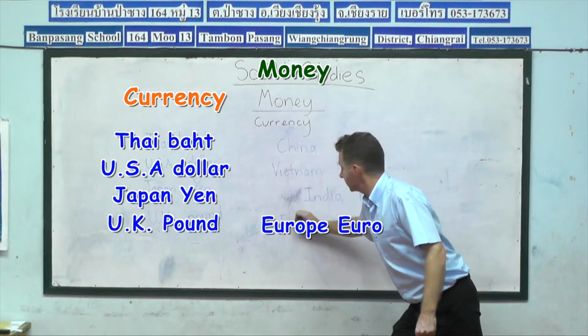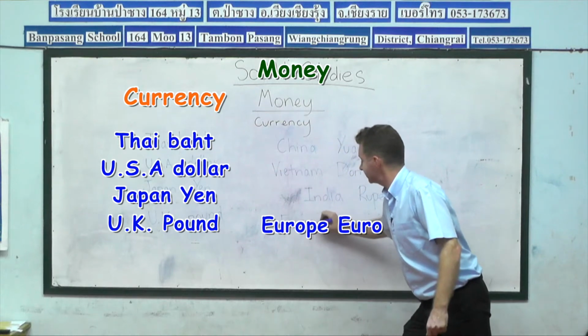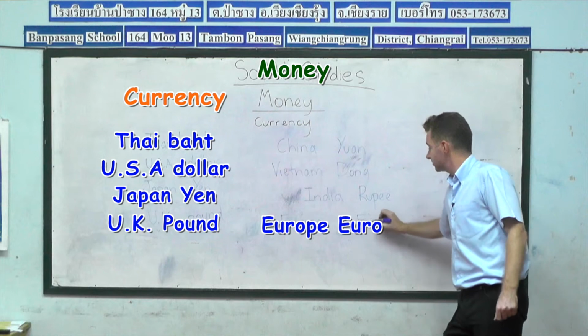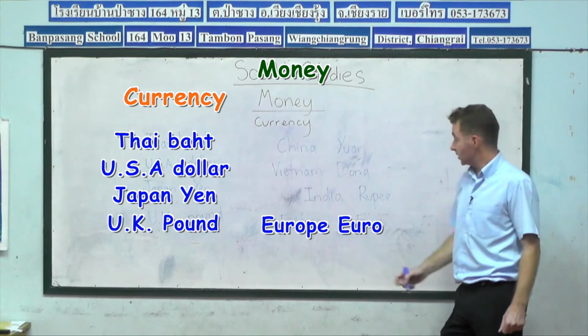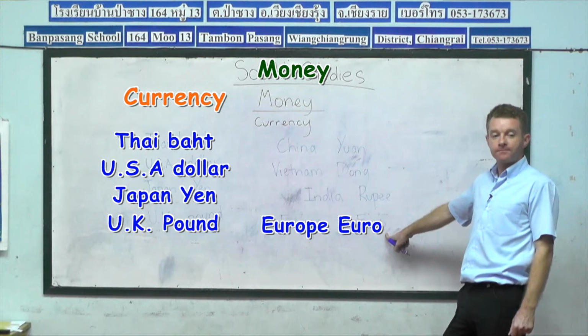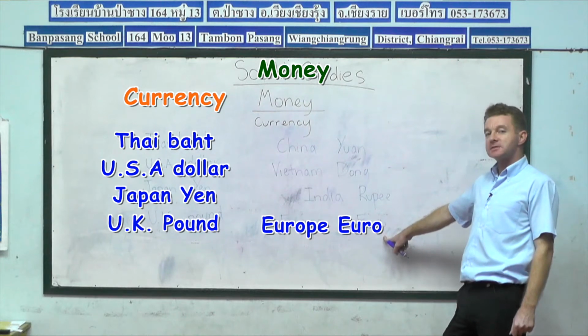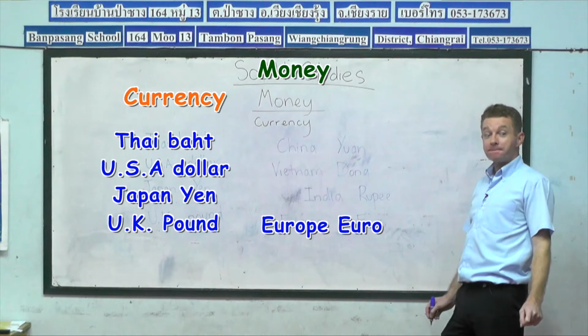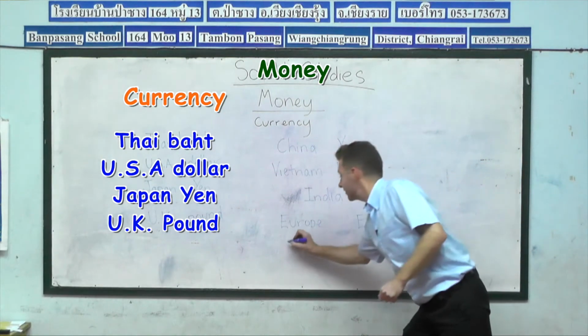Yeah, Europe is special. Europe is a list of different countries. And the currency that they all use in these countries, apart from the UK, is euro. Now that's 8 countries and 8 currencies. We did one more. Can anybody remember? Cambodia.